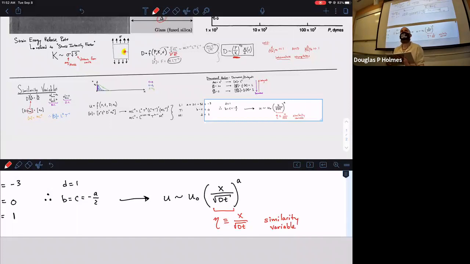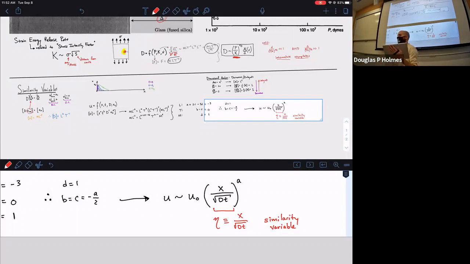Similarity variables occur whenever you have a dimensionless product, dimensionless group that contains the independent variables in your problem. We could have solved this problem a different way. I chose arbitrarily to leave A as the unknown.